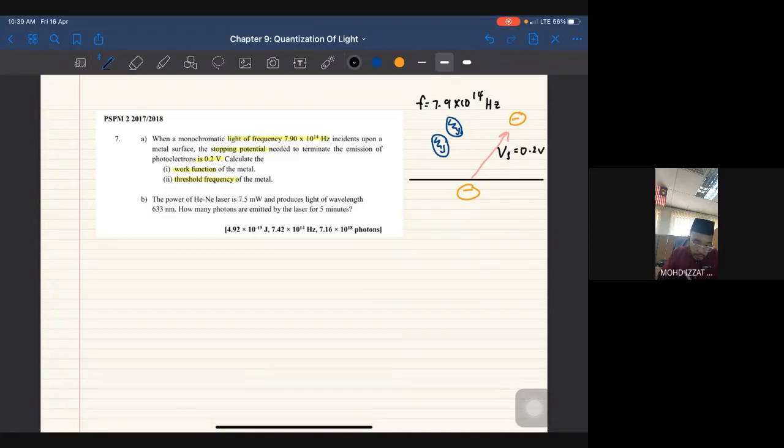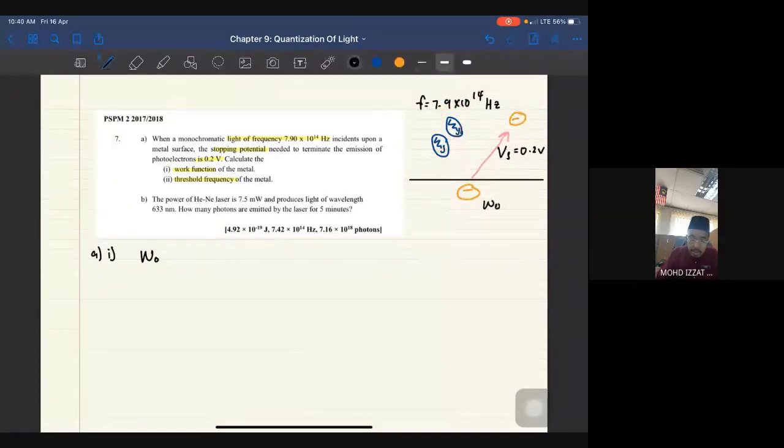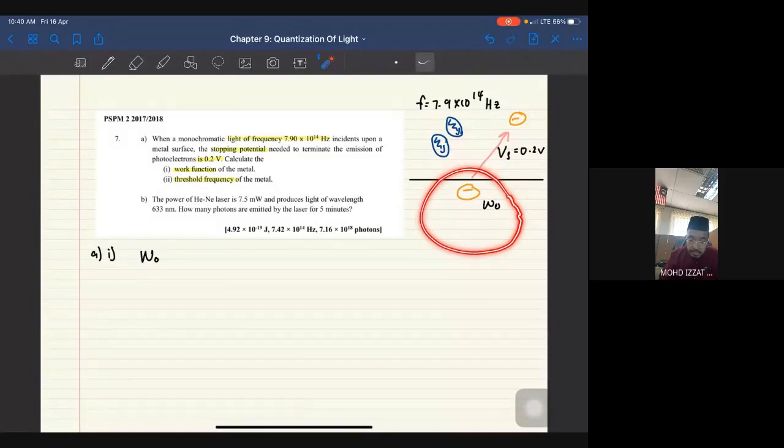Question A1. They want you to find the work function. Okay, so that is W naught. So where does W naught sit? Here or here? Down here. So down here, is there any other information you have from your diagram?